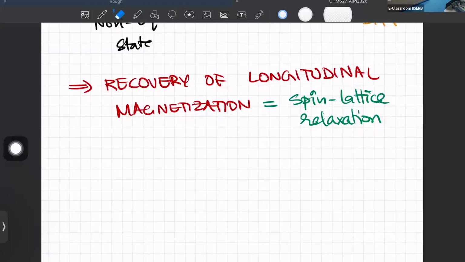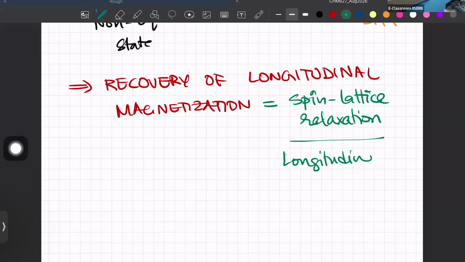You created a bunch of spins that are coherent, or in this case, the populations have become equal. And the lattice is the surrounding system which ends up exchanging energy with it so as to restore back the equilibrium. Since these were all thought about in solid state matters, the spin and lattice words came up. It is also referred to as longitudinal relaxation. And remember, longitudinal magnetization is dependent upon population difference.